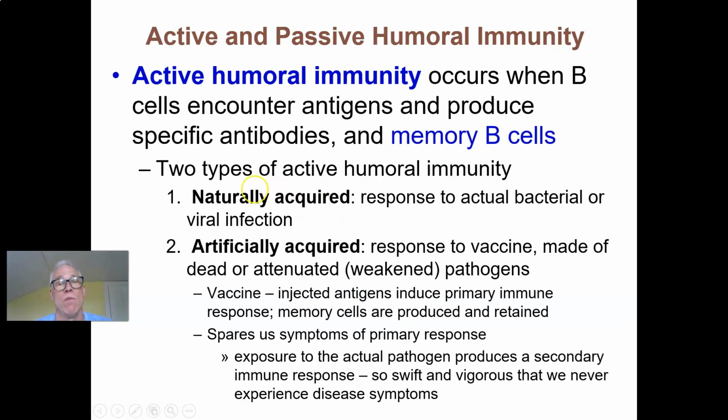And so when we have a secondary immune response in the case of vaccination, we'll never get the disease because, again, the memory cells trigger such a vigorous and swift immune response that we'll never get the disease.